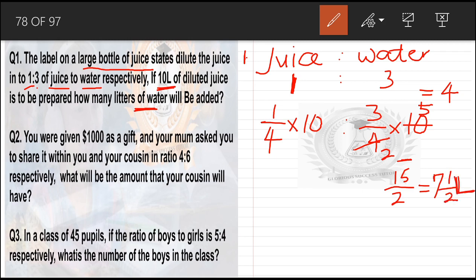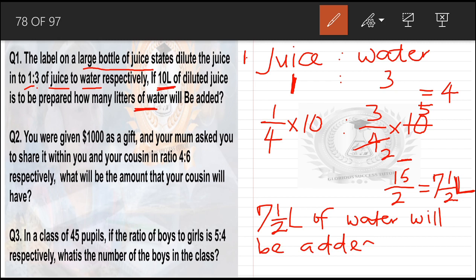So you can make your work more beautiful and say volume of water that will be added, 7.5 liters of water will be added to prepare 10 liters of diluted juice.